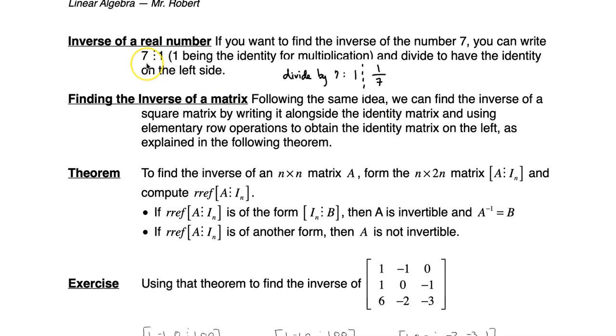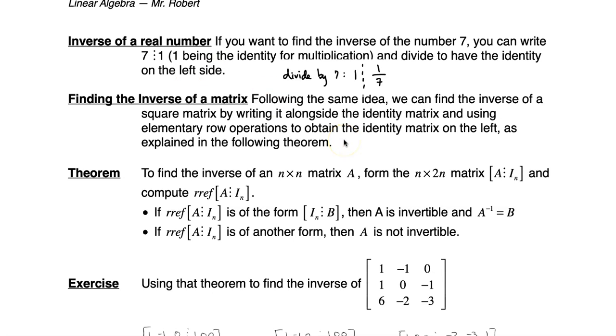So if we're looking for the inverse of 7, we can write 7 on the left side, the identity on the right side, and then do stuff on both sides until we get 1 on the left. So here we would divide by 7, so we would get 1. And on the other side, we would get 1 over 7, which obviously is the inverse of 7.